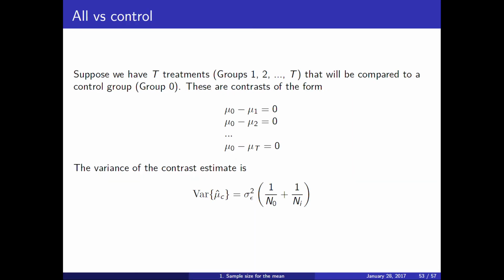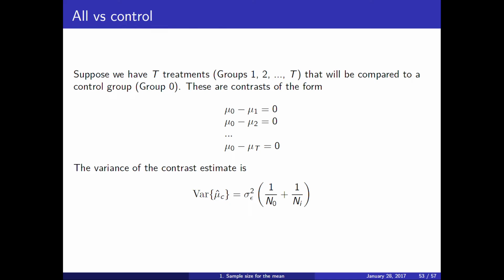And here is another interesting problem. Let's say that you have T treatments that you will compare to a control group, and then you will do all these comparisons. Doesn't it make sense to put more samples in the control group, because you will use it in many comparisons? So if you make a mistake in the control group, this mistake is carried over to all those comparisons.